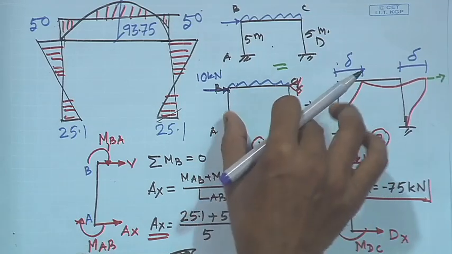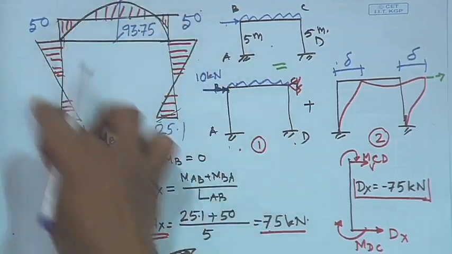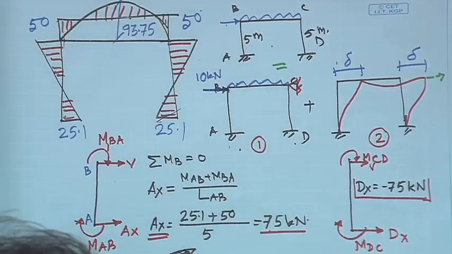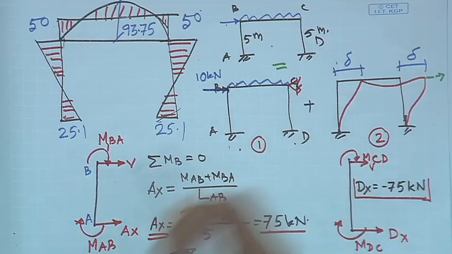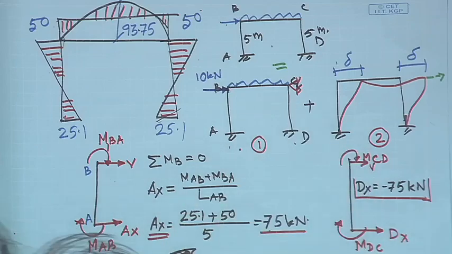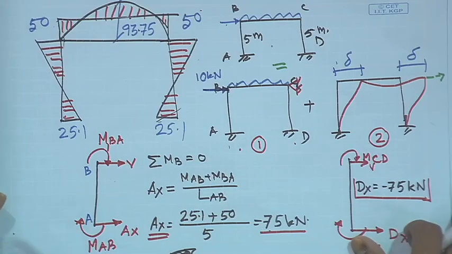Therefore, for this problem you get the same moments. Now, we have horizontal force Ax is equal to 75, Dx is equal to minus 75. Now, let us find out the reaction Cx here.